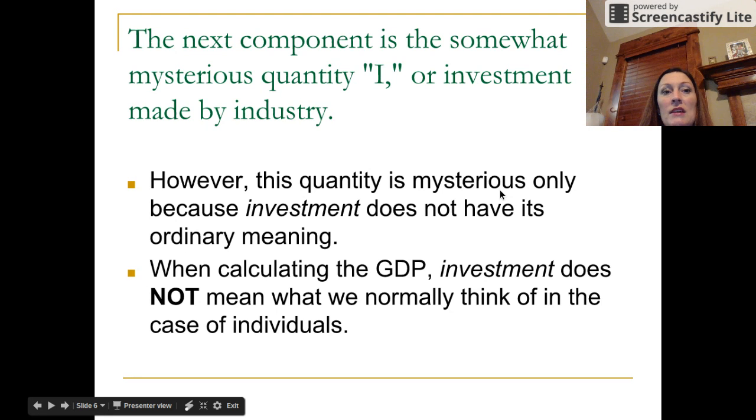The next component is the somewhat mysterious quantity of I, or investment made by industry. However, this quantity is mysterious only because investment does not have its ordinary meaning. When calculating the GDP, investment does not mean what we normally think of in the case of individuals.